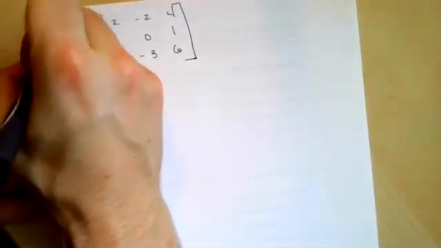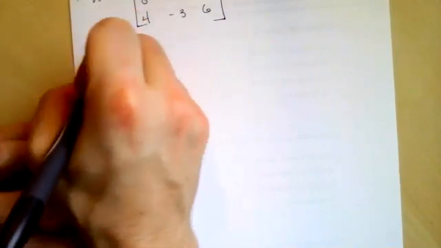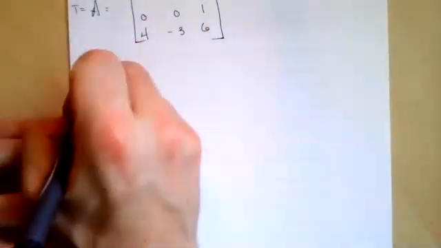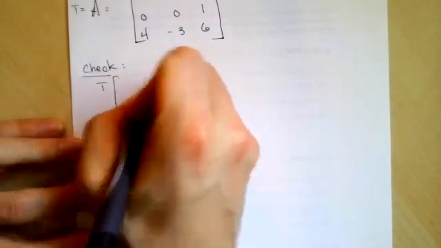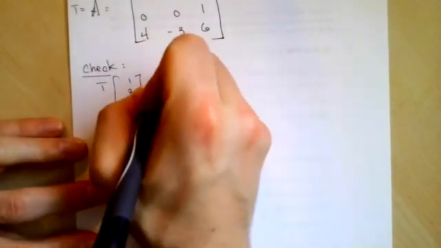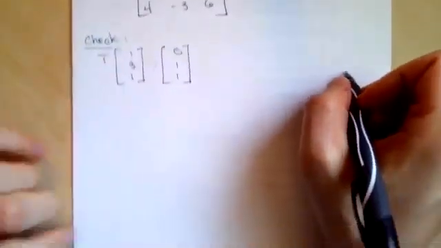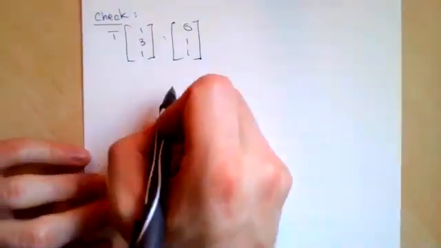So of course, this should be the matrix associated with T. We need to check the initial information, namely that T of 1, 3, 1 equals 0, 1, 1. Let's check 1, maybe 2 of them, make sure we get it right.